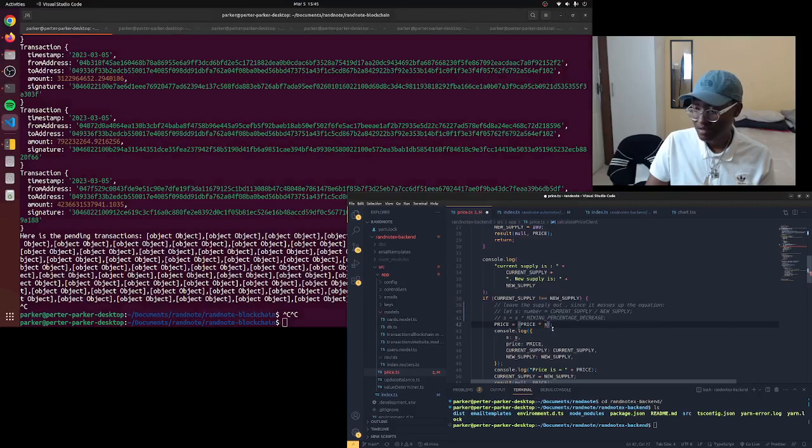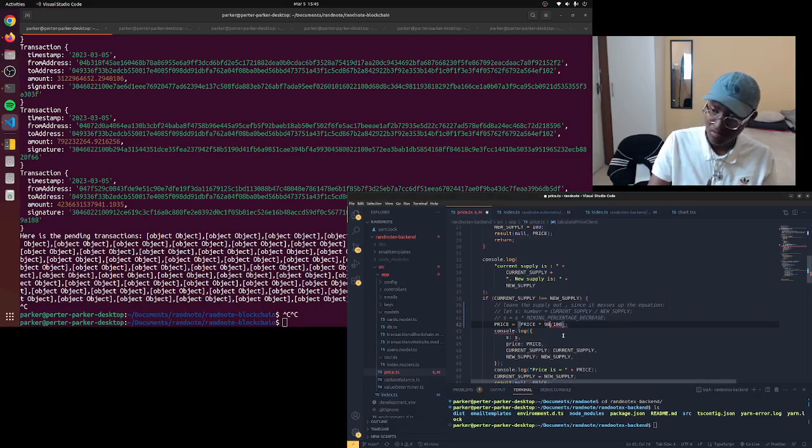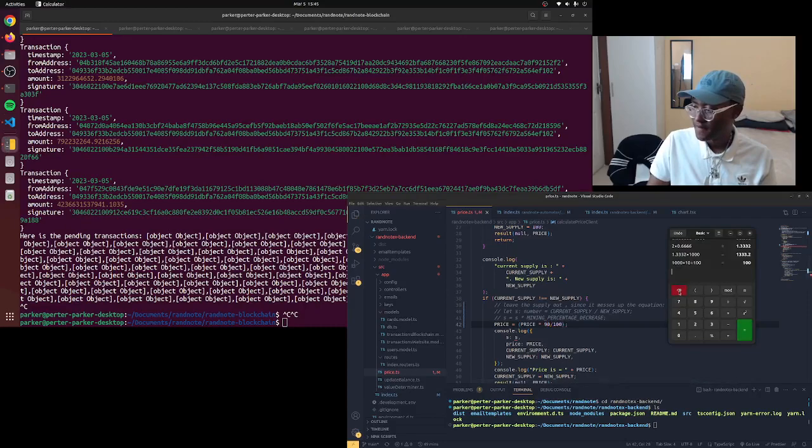So if it's 1,000, it'll go to 900, right? So let's just reduce it by 10%. So price will become price times 10 divided by 100. Is that right? No, 90.